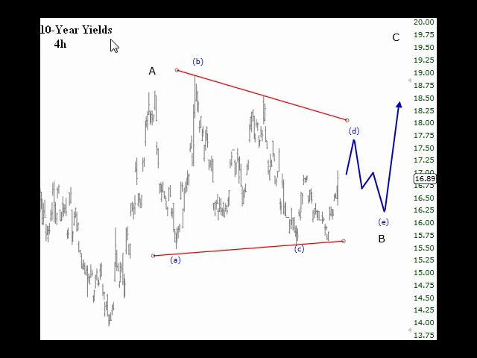So with yields going to the upside, stocks will also be going to the upside and treasuries to the downside. That's pretty much what's happening here. We're looking at this particular pattern being a corrective pattern, probably a triangle pattern, on a 4-hour chart. So once this is complete, we'll see treasury yields push to the upside, and of course stock indices will follow that to the upside.